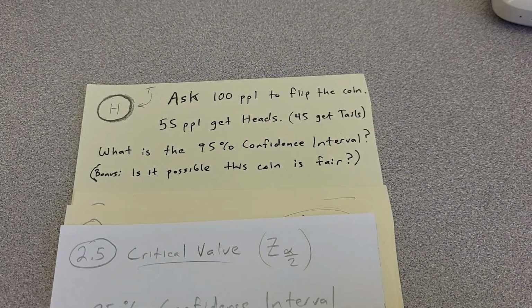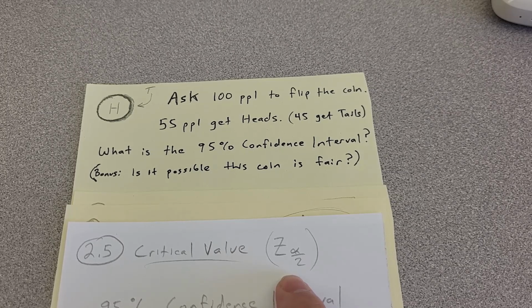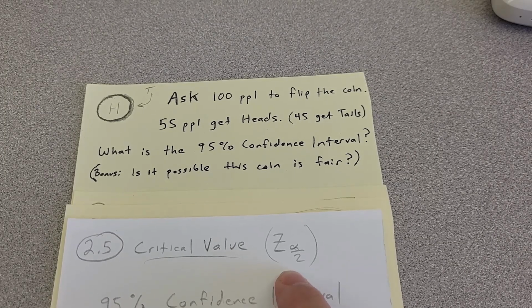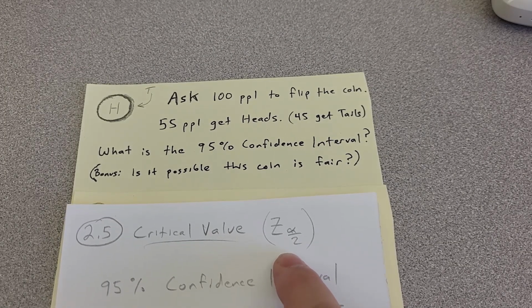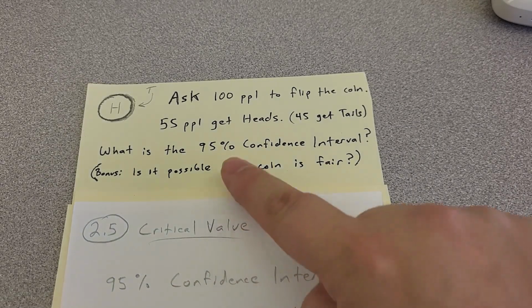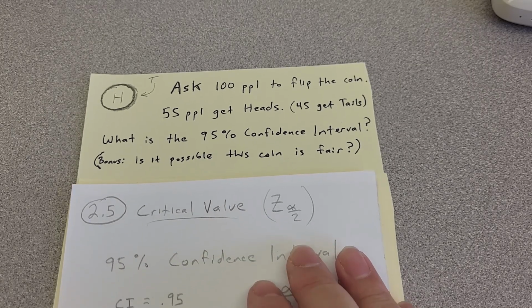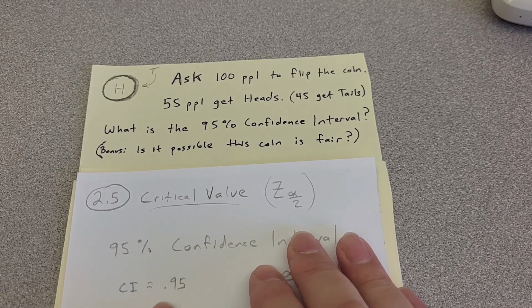All right, in order to find that critical value, that z alpha over 2, that's going to be dependent on the fact that the question asked us for a 95% confidence interval. So what they're saying is that the confidence level is 0.95. We write that in decimal form.